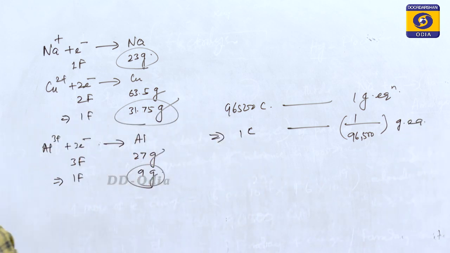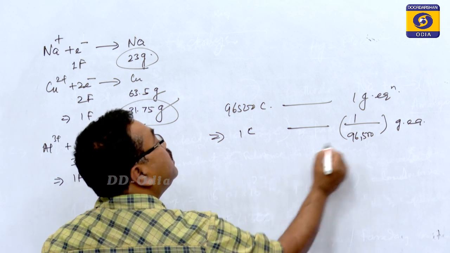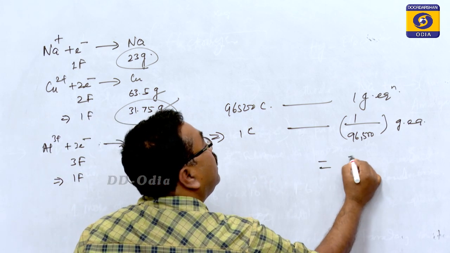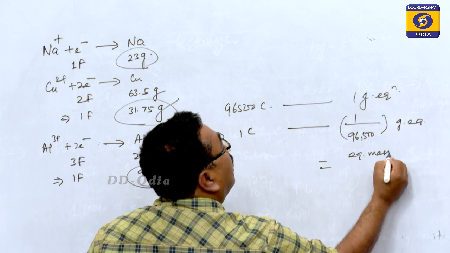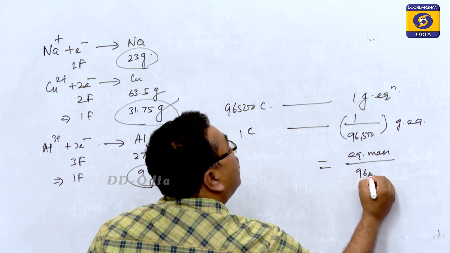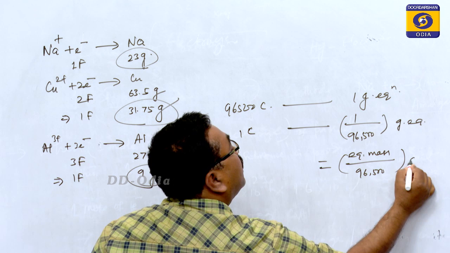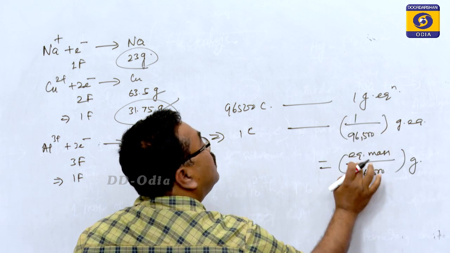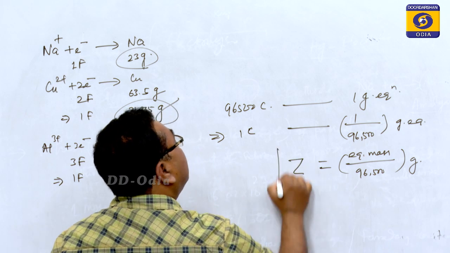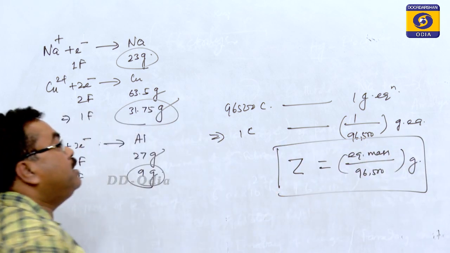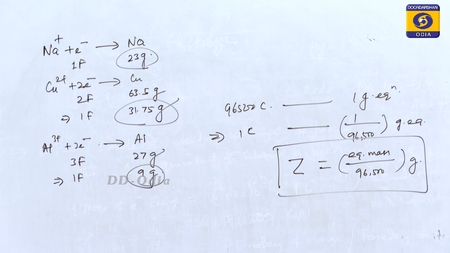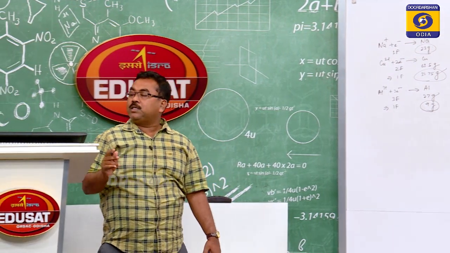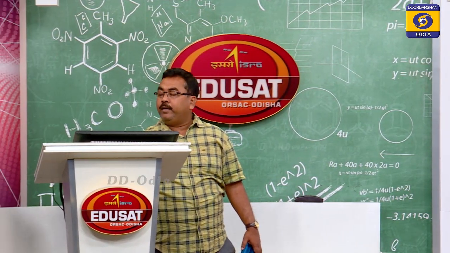So, this is equal to equivalent mass divided by 96,500 gram; I put the equivalent mass in place of 1. This is equal to Z. So, electrochemical equivalent is the ratio of the equivalent mass of the substance divided by 96,500. This is the quantitative aspect we learn from the laws.